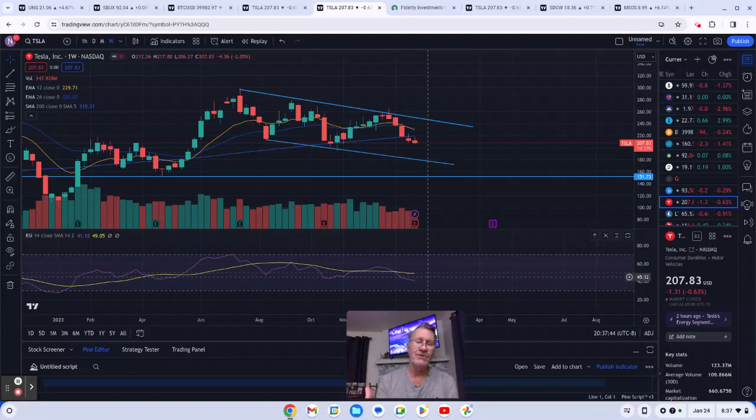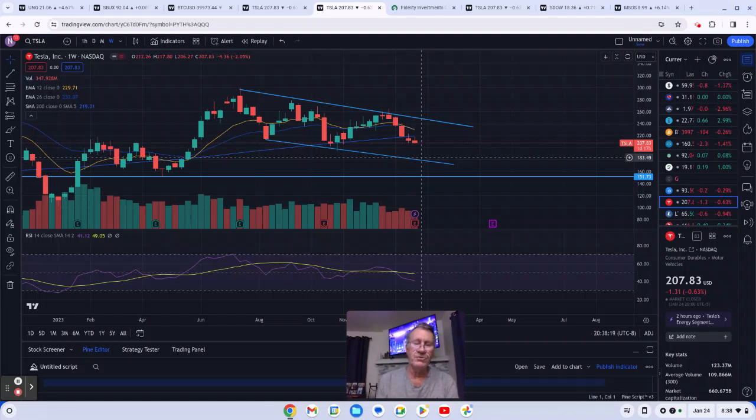So that's the next time frame that I go to and say, okay, if getting oversold at a little bit under 30 on the daily doesn't create a higher low, or finally find the bottom, I should say, then we're probably not going to find a bottom until we get oversold on the weekly chart. So on the weekly chart, to me, that will line up with Tesla dropping down below 194.